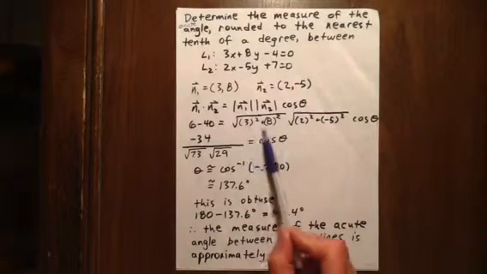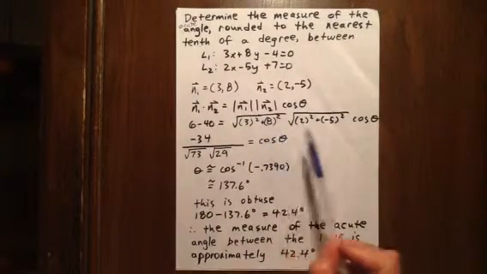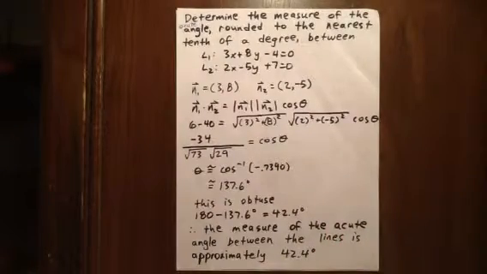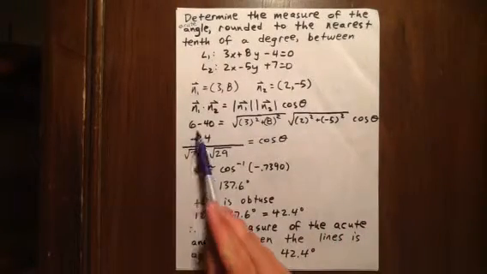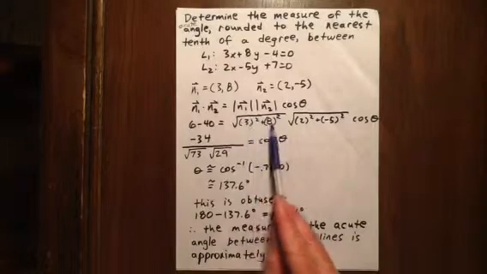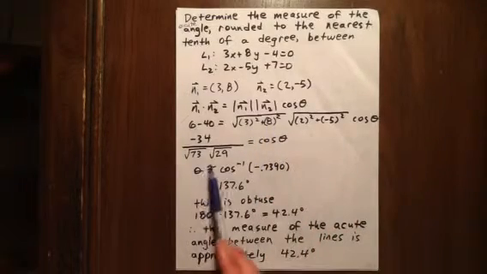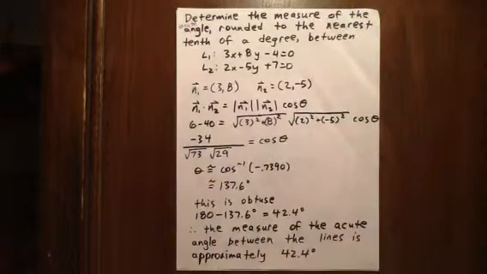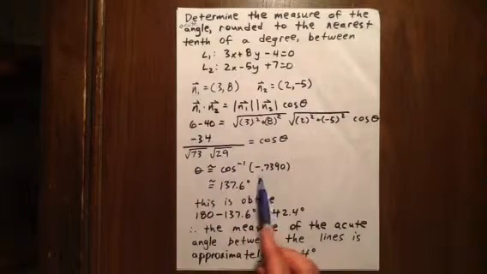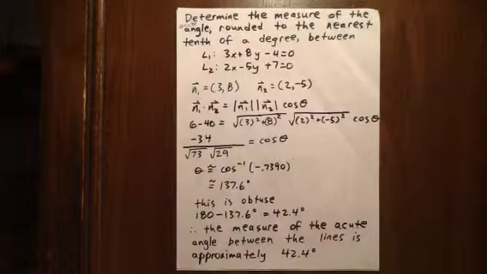Well, the magnitude of the first normal vector is root 73 and the magnitude of the second is root 29. So dividing -34 by root 73 root 29 gives us the cosine of the angle in between the two normal vectors. Using our calculators, we see that this number is approximately equal to -0.7390.